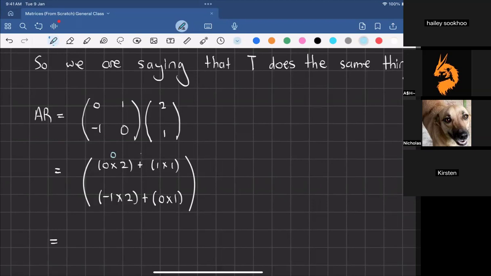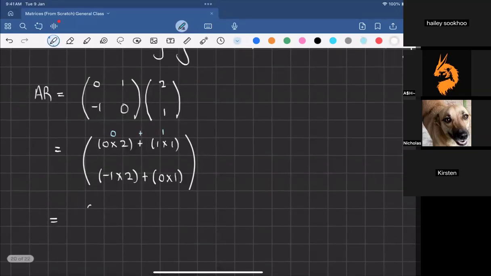So we have 0 plus 1 by 1, which is 1. Where's minus 1 by 2? -2, plus 0.